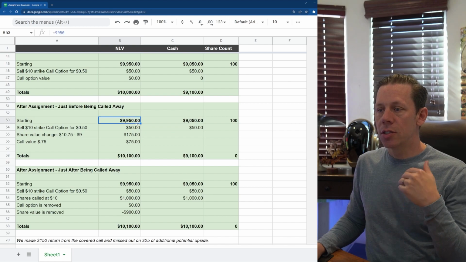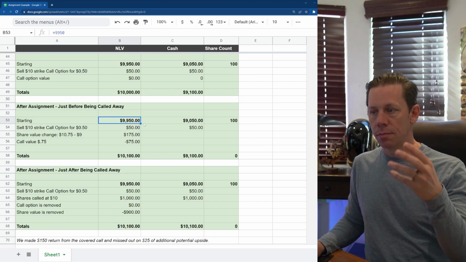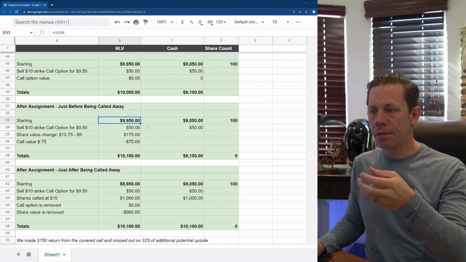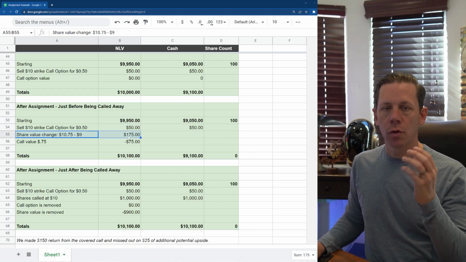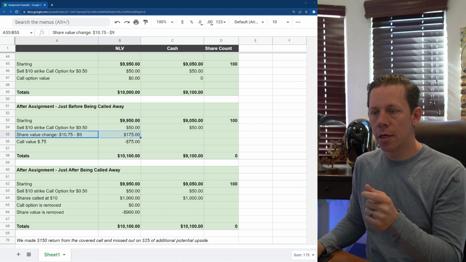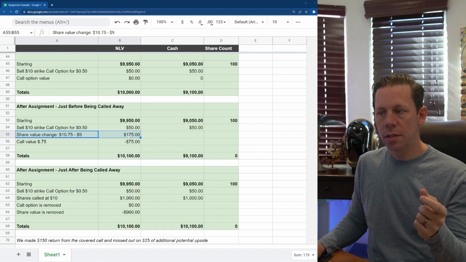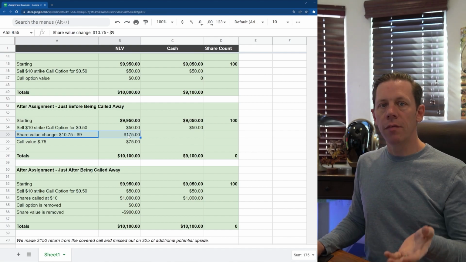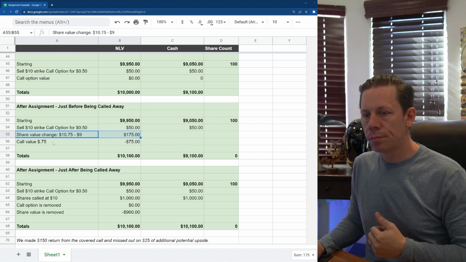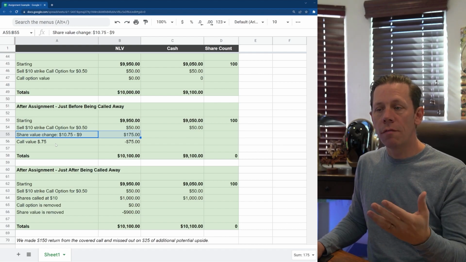Because in this starting value we have the $900 baked into the $99.50 value, I'm just going to record the change in the share price here from $9 to $10.75. So we have $175 appreciation of the shares. And then we have the call value.